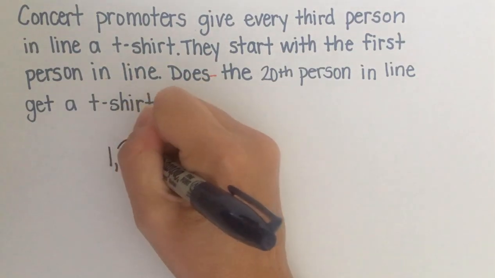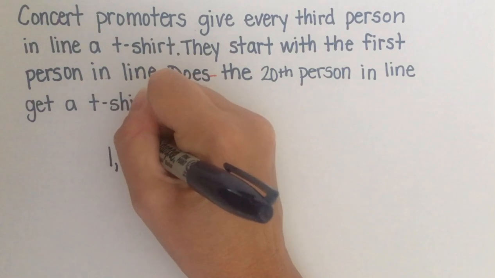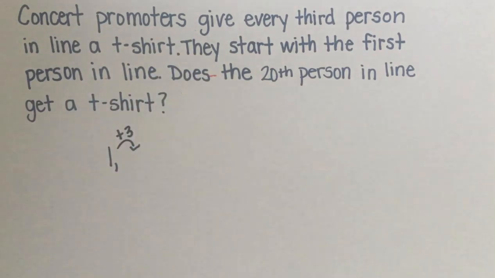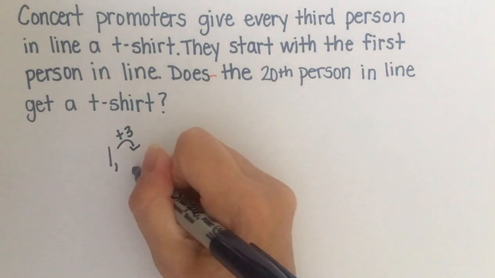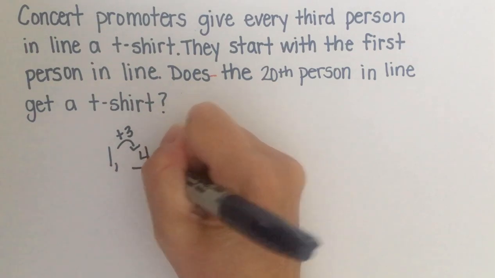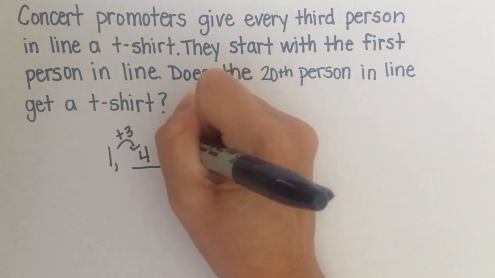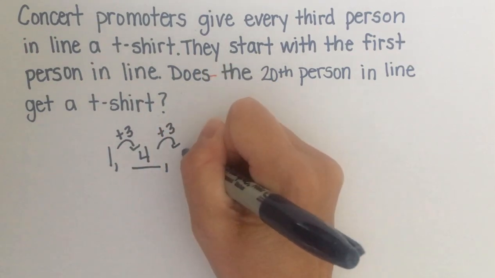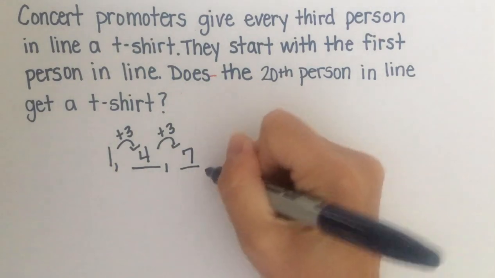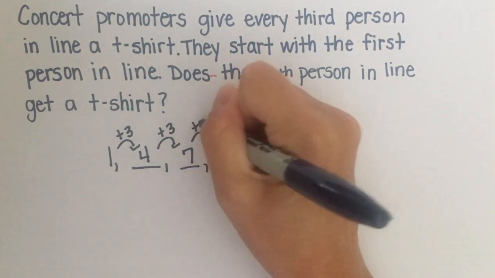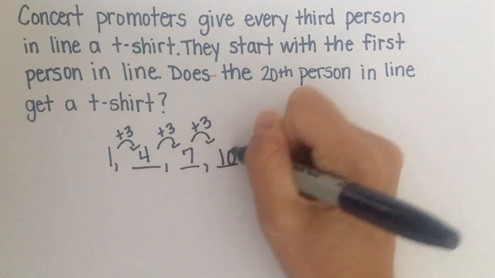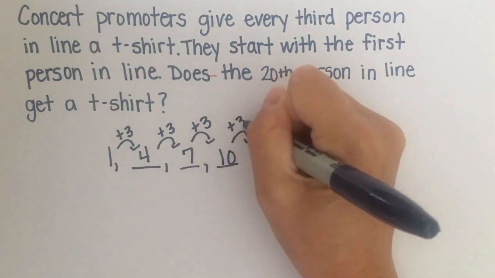So that would tell me I'm adding 3. And I'm trying to determine if I was the 20th person in line, if I would get a t-shirt. So we're going to continue adding 3 to see. So I'm going to keep adding 3.